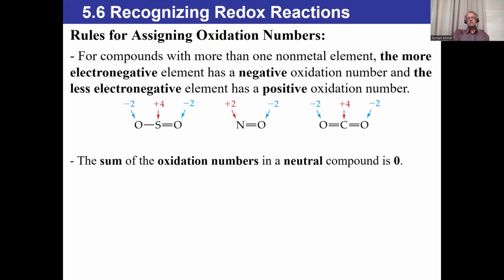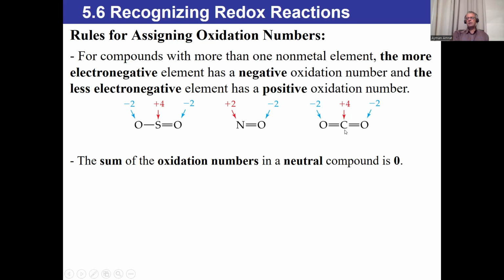S will be +4 because it is combined with 2 oxygens. Oxygen is more electronegative than N, so it forms a negative charge, while nitrogen is less electronegative and has a positive oxidation number: +2, -2 in NO.